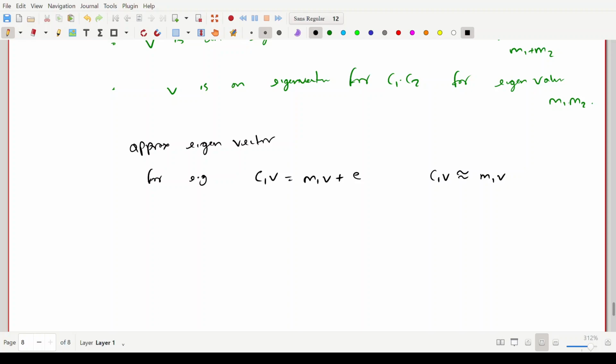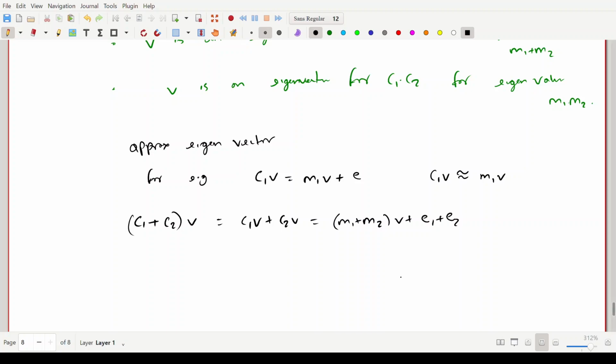And if the ciphertexts C1 and C2 are added, that can again have the error, say E1 plus E2. If I have C1 plus C2 and multiply it with V, I'll have C1V plus C2V, which is equal to (M1 plus M2)V plus E1 plus E2.